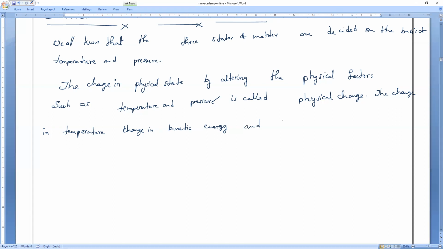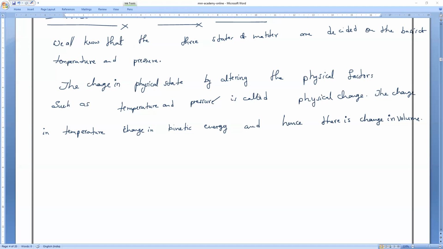And hence there is a change in volume. Understand? Why am I mentioning change in volume? Because when kinetic energy increases, particles will move further away from each other, so volume increases.